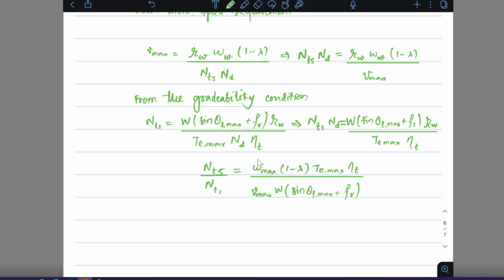If we neglect lambda and FR, we have this ratio.